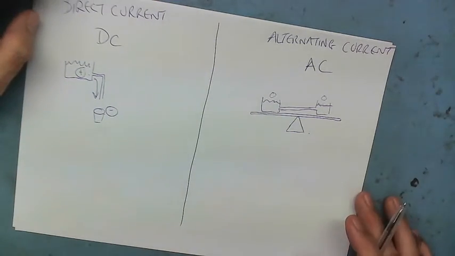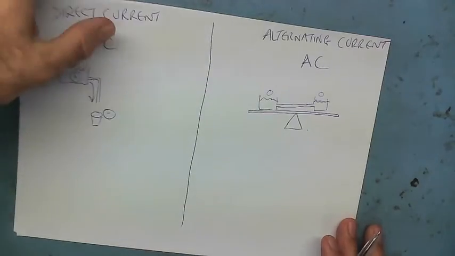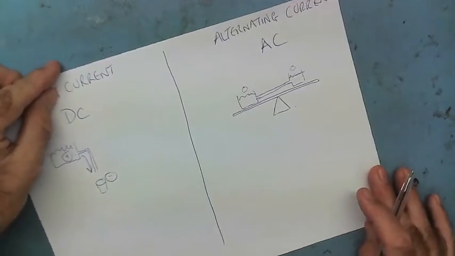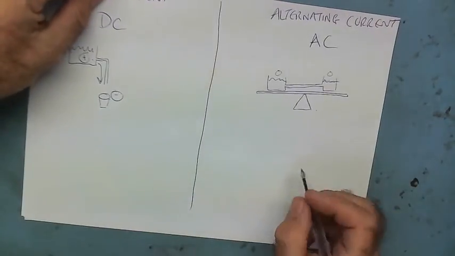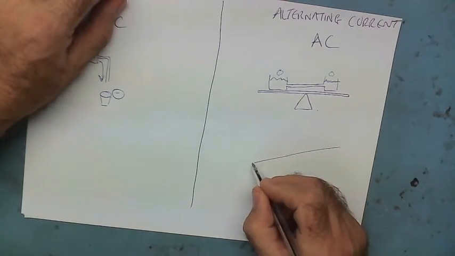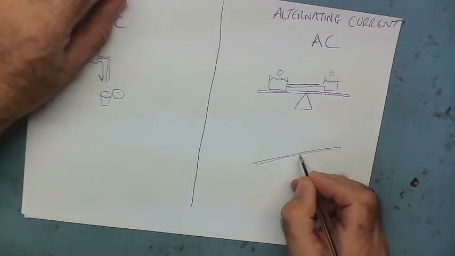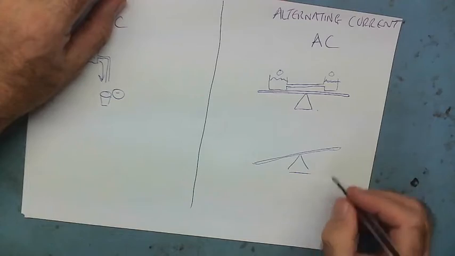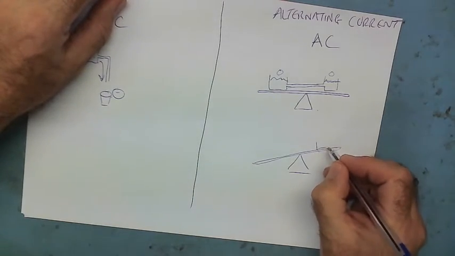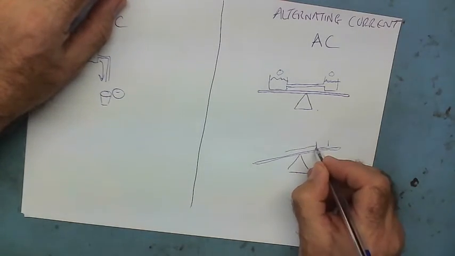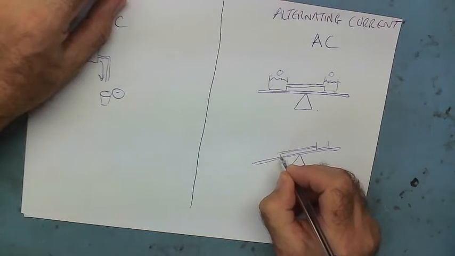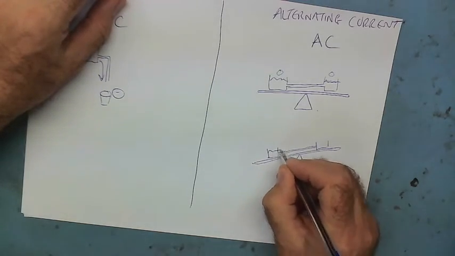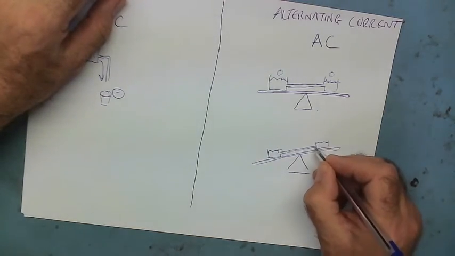Now let's have a look. Let's draw it the other way. Let's say we do that with the seesaw, yeah? So now we have our two water tanks like this. What's going to happen now?